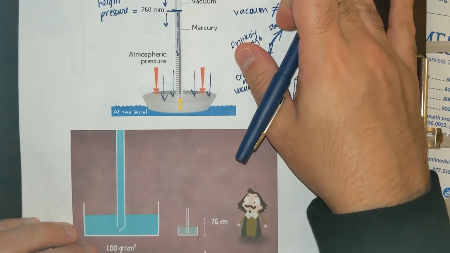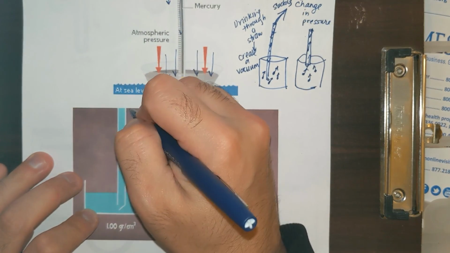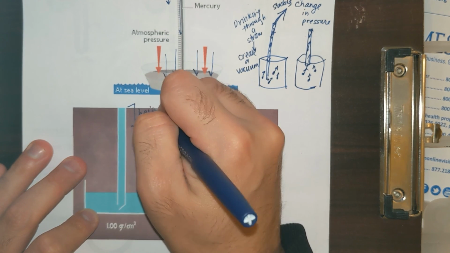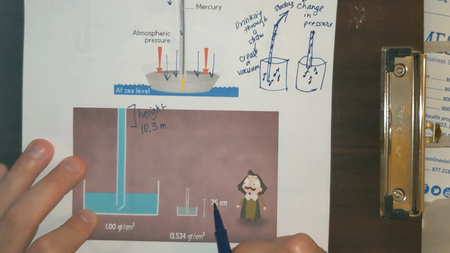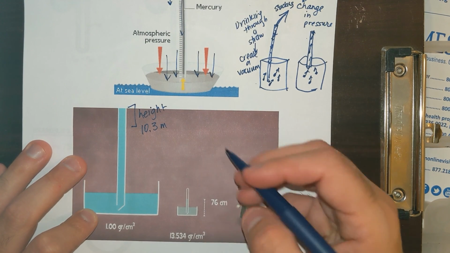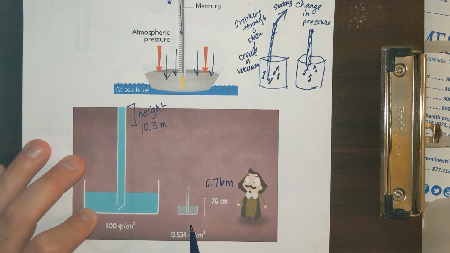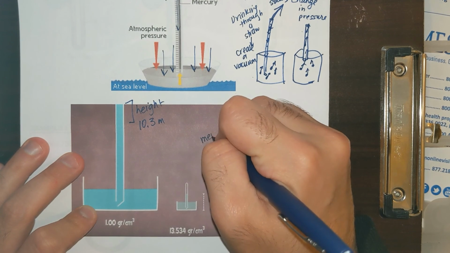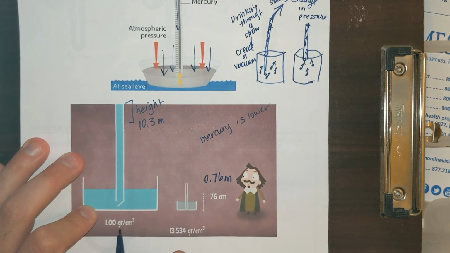When they first used barometers, they used a water barometer, and it's not even shown to scale here, but it had a height of 10.3 meters. As you could see, the height of a mercury barometer is a lot smaller. It's actually 0.76 meters. Here are the densities of water and mercury.